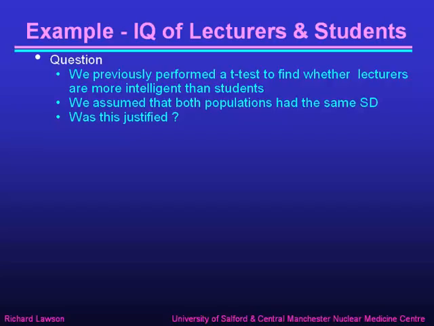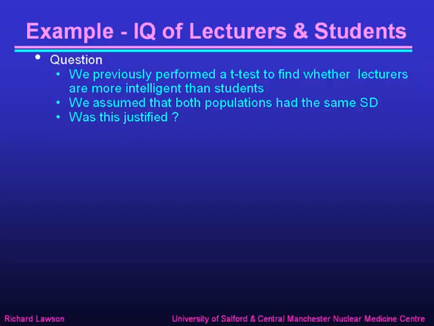Let's do an example based on the IQ of lecturers and students. If you remember, in a previous lecture we did a test to find out whether lecturers were more intelligent than their students, and we did a t-test there, assuming that both populations had the same standard deviation. And at the time we said, let's just assume that's the case.